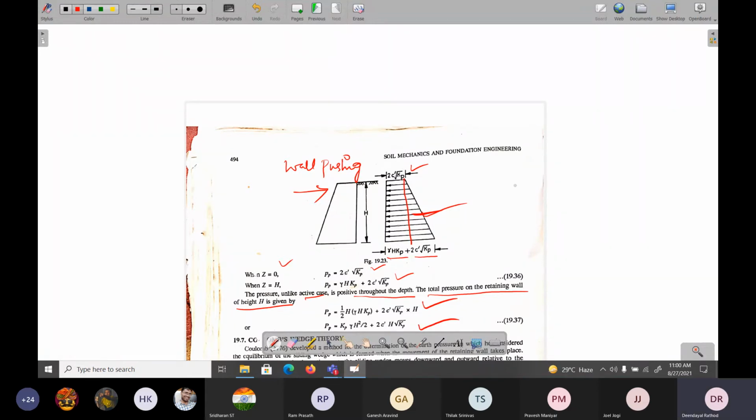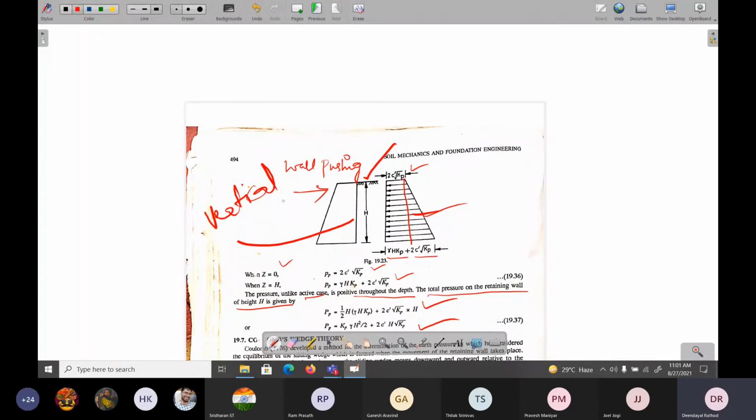Assuming that the backside soil is a plane and the wall is vertical. Wall is vertical and the backside soil is plane.